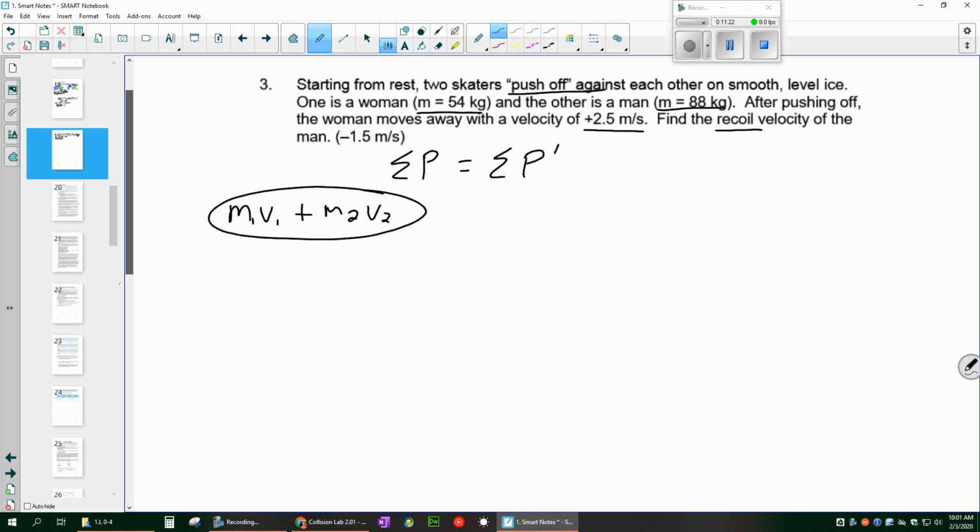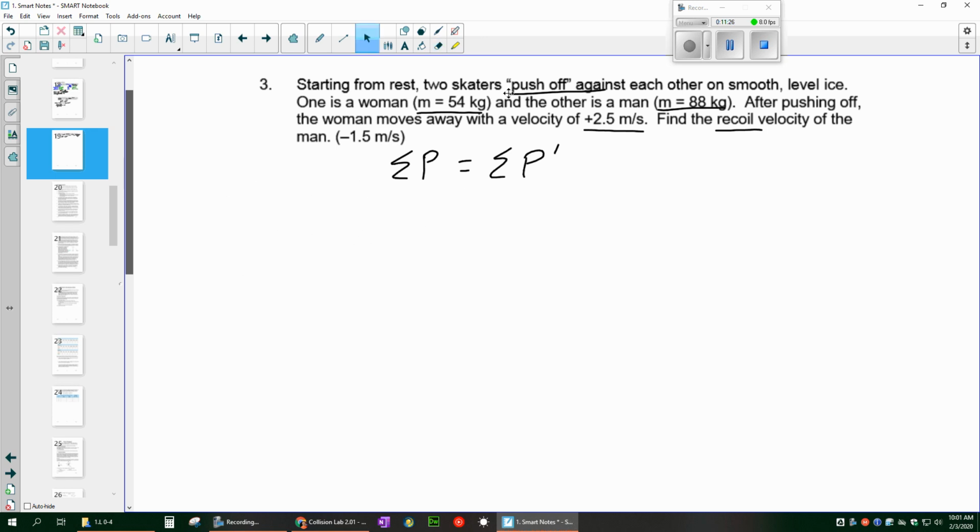And that's how we handle these explosion questions. If you know that, you don't need to write that all out and put zero in for velocities. We can just say momentums before were zero. So 0 is equal to M1 V1 plus M2 V2. There's only these ones, so you won't get confused.